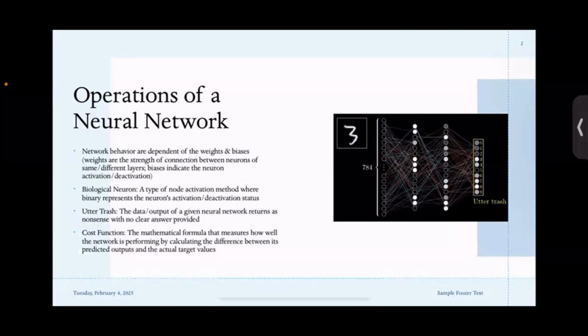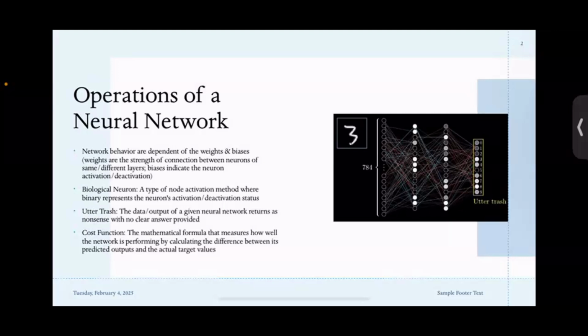Now, a type of neuron is called biological neurons. They're a type of node activation method where binary represents the neuron's activation or deactivation status. So basically, zero represents when the specific node is off. Meanwhile, one indicates that the neuron is active.